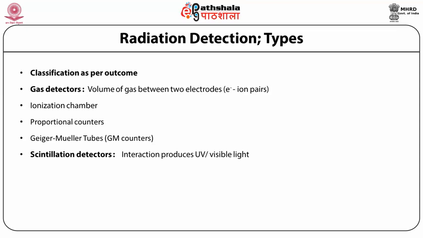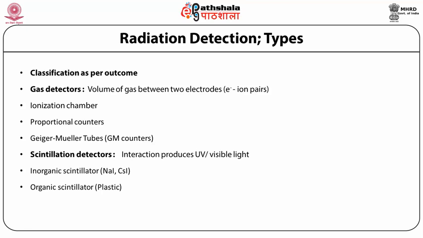Interaction produces ultraviolet or visible light, which means that in scintillation detectors, when the radiation hits the material, rather than ion pair creation, the molecules of the material get excited, and then when they de-excite, they produce light. Examples are inorganic scintillators like sodium iodide, cesium iodide, and organic scintillators like plastic. We will discuss these detectors in the coming slide in a bit more detail.